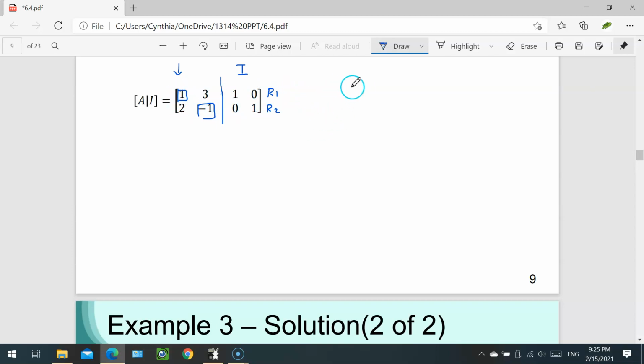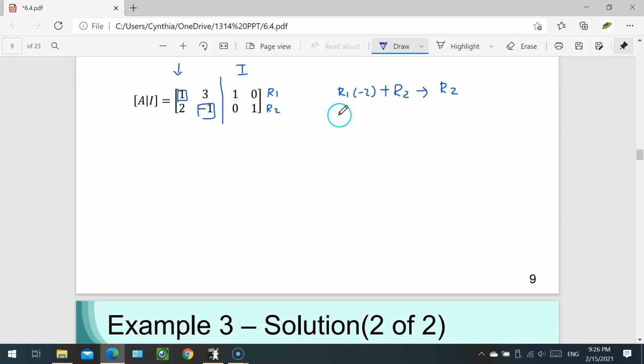So we multiply row 1 with negative 2. That means you do that for the entire row. Each element on the row 1, you have to multiply negative 2 into it. Then you use the result to combine with the row 2. Whatever you have here, it goes back to the row 2.